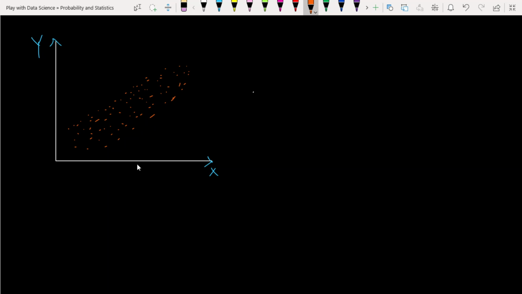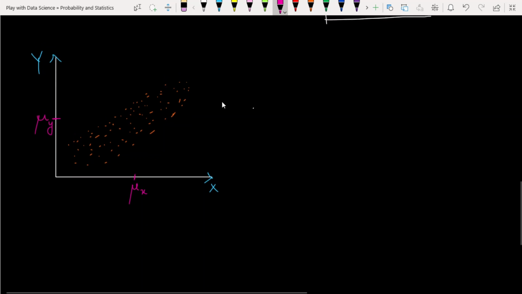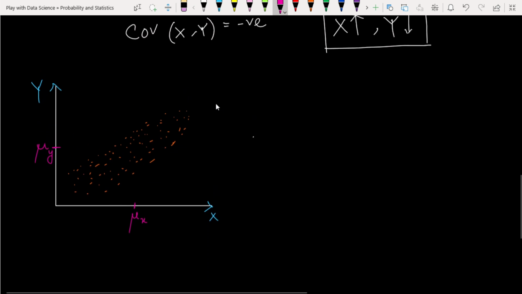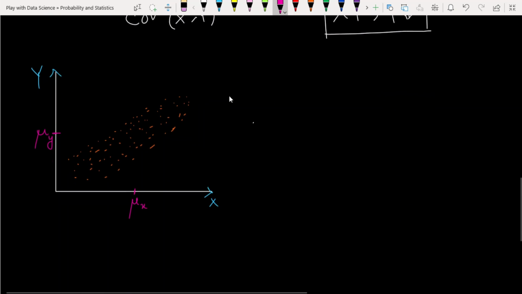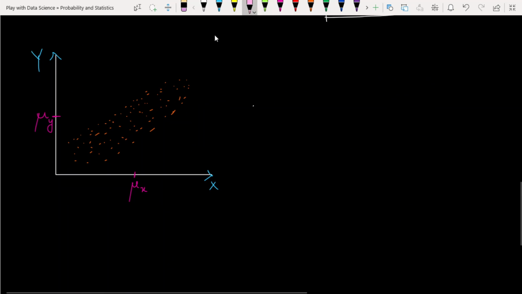Suppose the mean of the random variable x is here, mu x, and the mean of the random variable y is somewhere here, mu of y. Now let's first calculate. It will be better if we write the formula side by side.